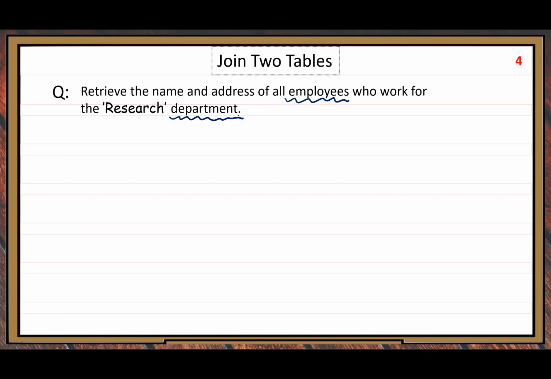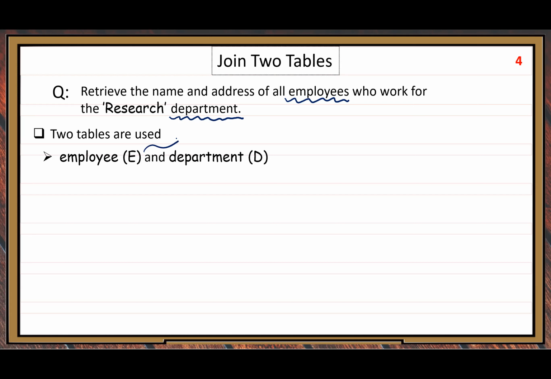All right, so let's look at how to write this select statement. Two tables are used. Employee, and sometimes here I put an E in parentheses, because in our select statement we like to use aliases.